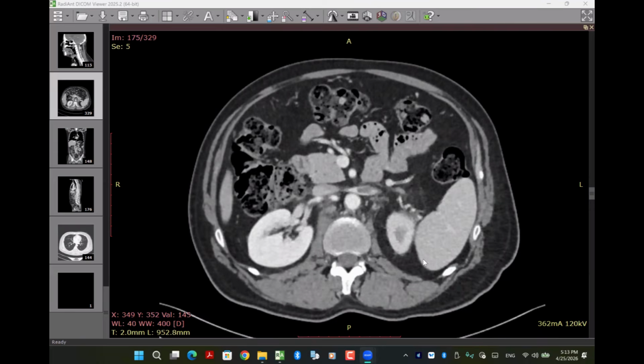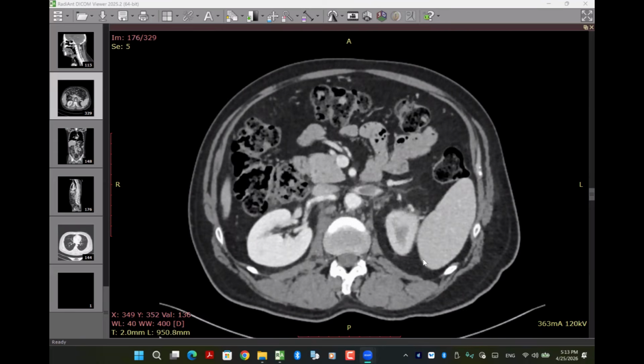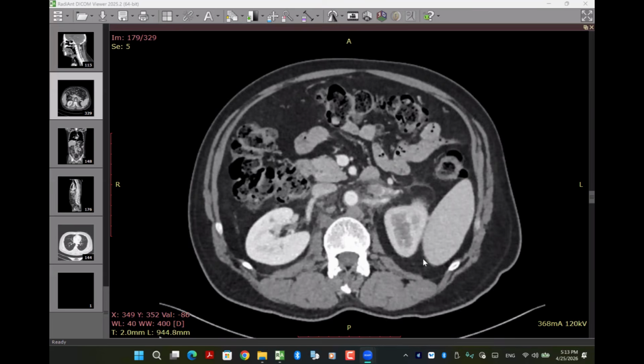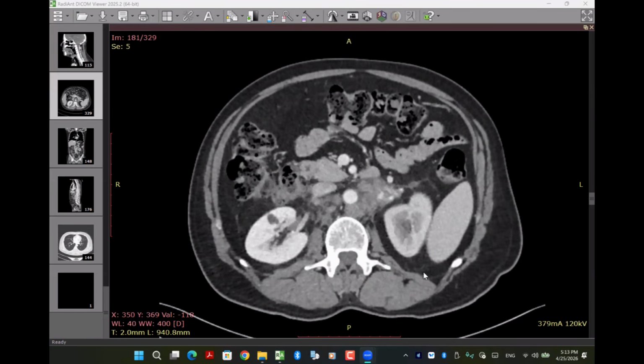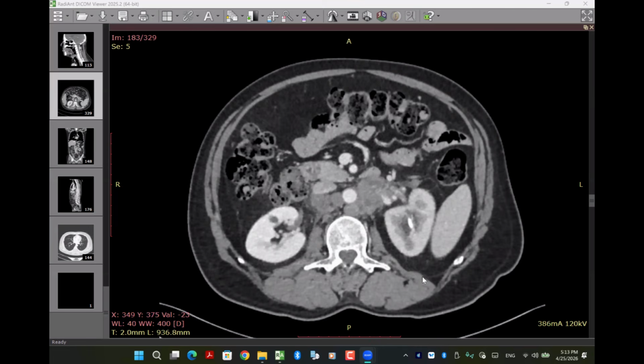Actually, it's because the left renal vein is invaded, so this is an obstructed kidney. You want to tell me exactly this compromised the renal function on the left side? Yes, sir. And that was actually one of the questions the physician wanted answered.